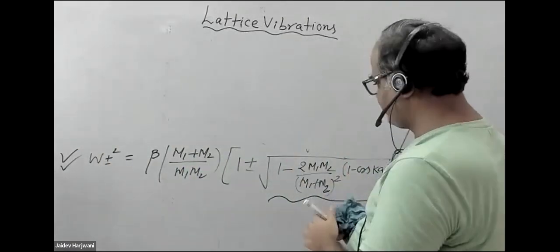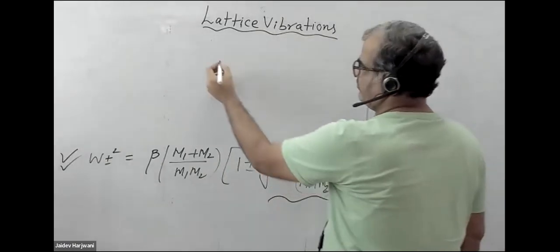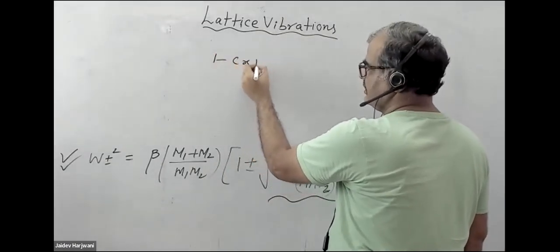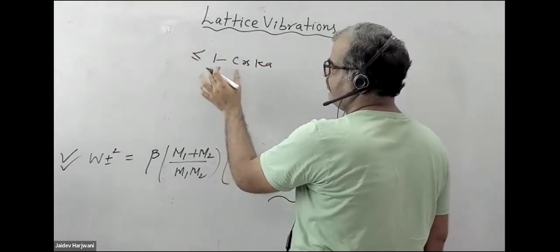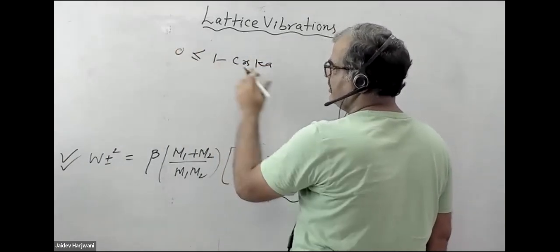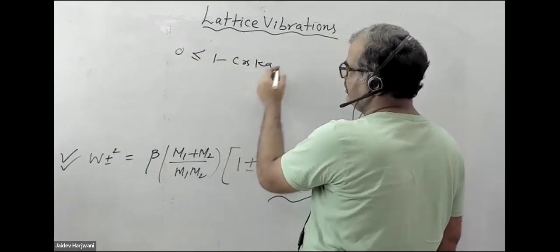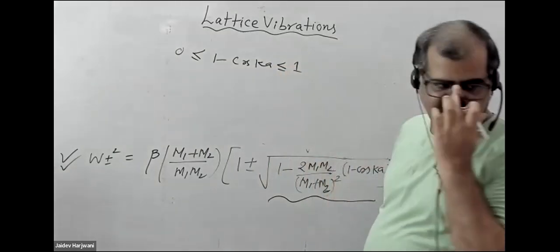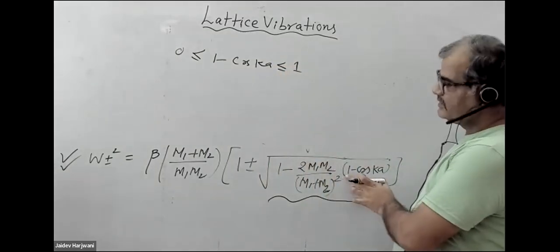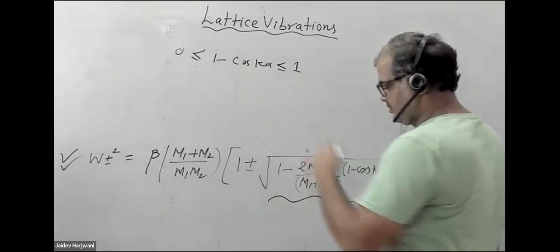What does this formula mean? I know 1 minus cos ka, its minimum value can be 0 if cos k is 1, and if cos k is 0, the maximum value can be 1. So your 1 minus cos ka lies between 0 and 1.